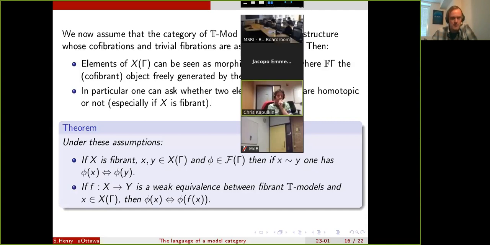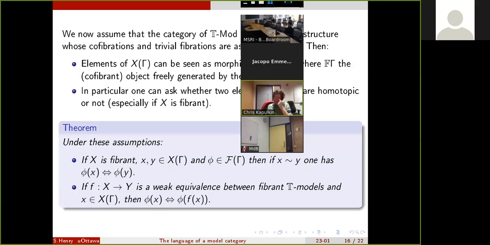So basically, what I'm trying to say is that you can define this notion, you don't have to assume the existence of a model structure. But note that in the assumption of the theorem, there is that X is fibrant. Yes. So basically, the question is whether this is true.